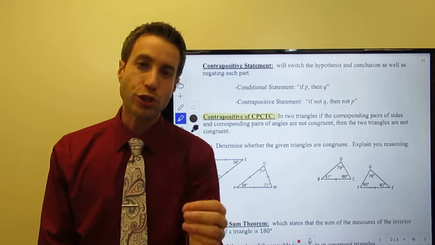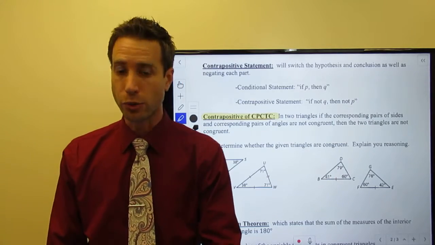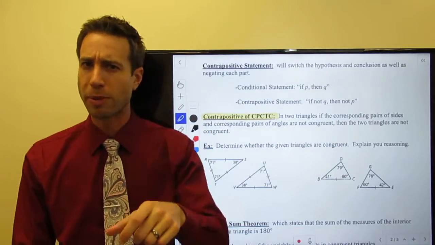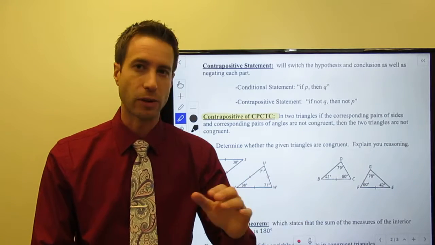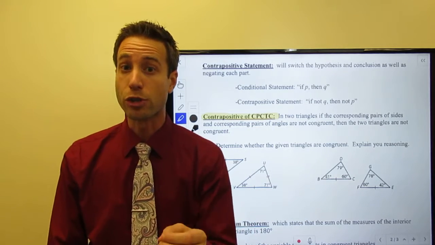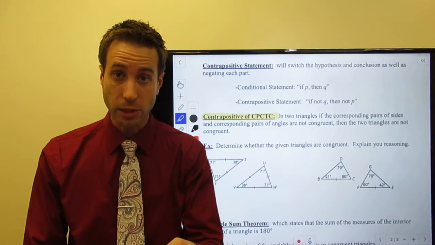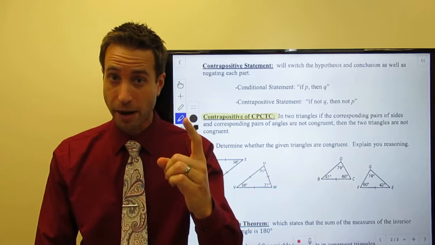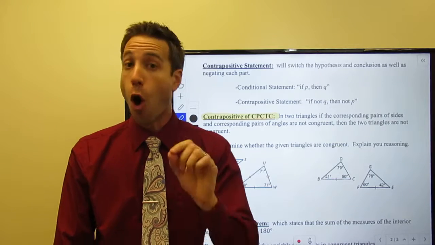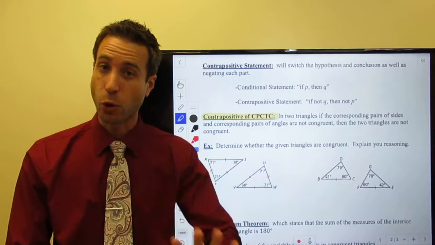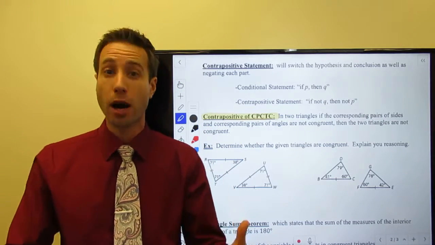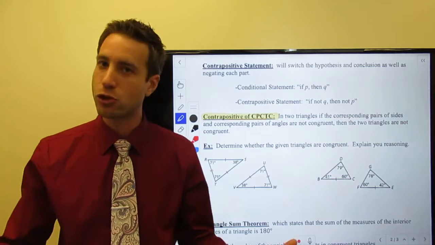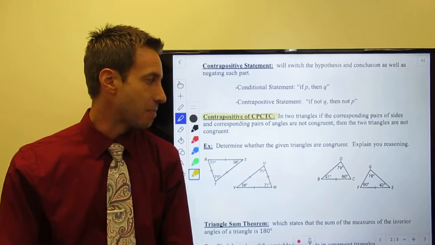In order to show that triangles are congruent, you show that the corresponding pairs of sides and angles are congruent. To show that triangles are not congruent, all you have to do is show that one pair of corresponding sides or one pair of corresponding angles are not congruent. Then there's no way those triangles can be congruent.